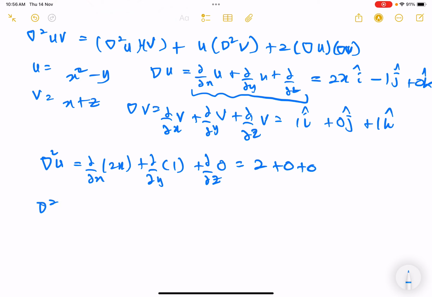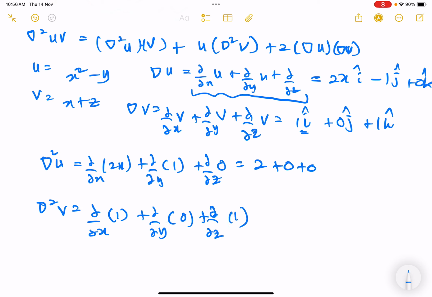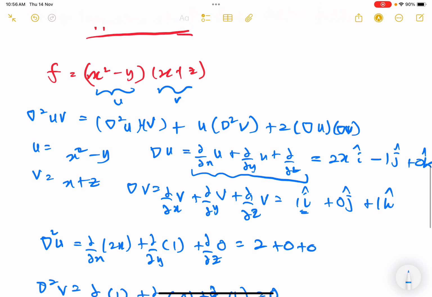Okay, the Laplace of v: i here, 1, sorry, 1, 0, 1, we get 0.